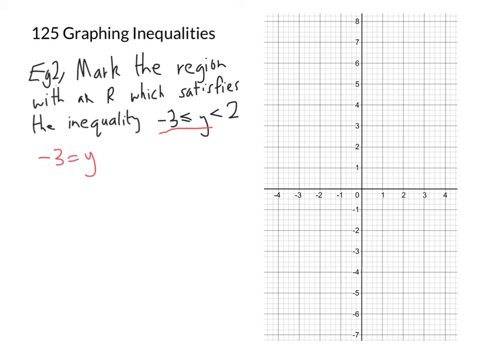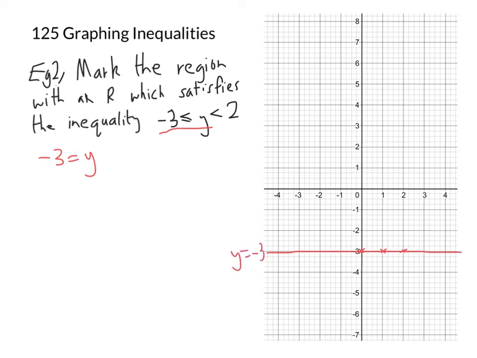If I go to my y-axis and think where y is minus 3, it's here. And anywhere along that line, anywhere horizontally, if you look at the coordinates, x is 1, y is minus 3, x is 2, y is minus 3. Everywhere along here, the y value will be minus 3.